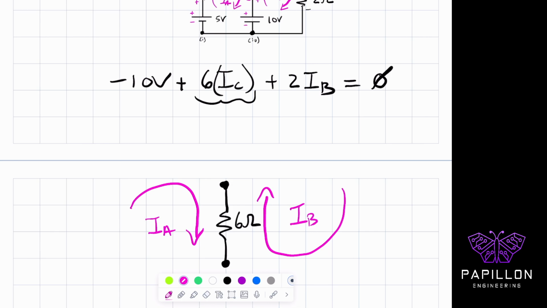In other words, the currents of IA and IB are in opposing directions. They're going against each other. So if IA is going clockwise, it appears to IB that IB is going counter to that direction, right? They're going against each other.